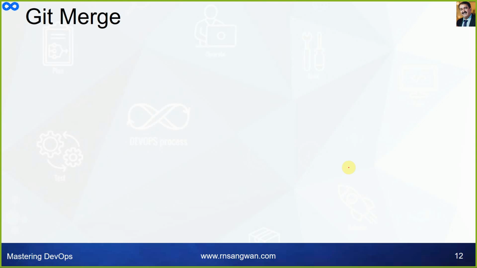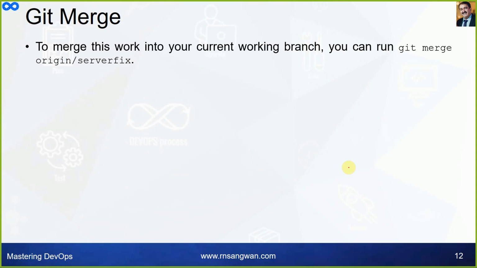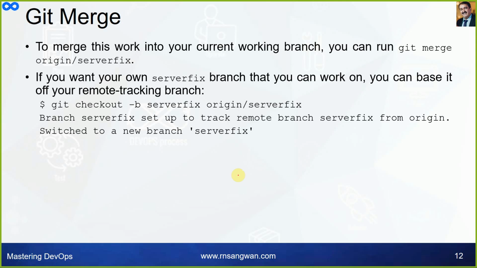Git merge. What is it? To merge this work into your current working branch, you can run git merge origin/server fix. If you want your own server fix branch that you can work on, you can base it off your remote tracking branch. Git checkout -b server fix origin/server fix.